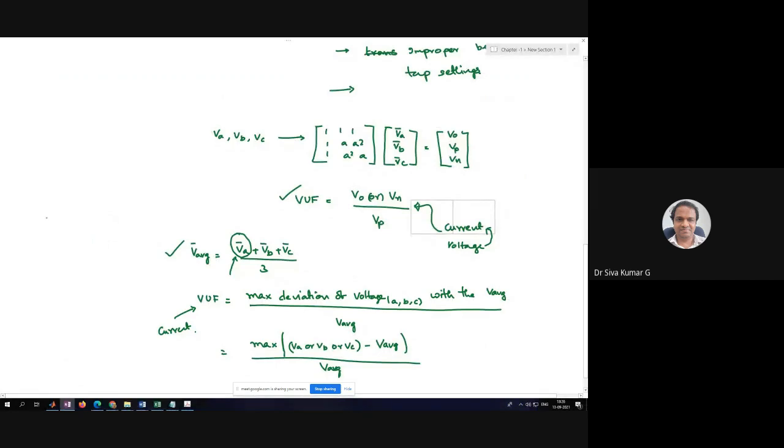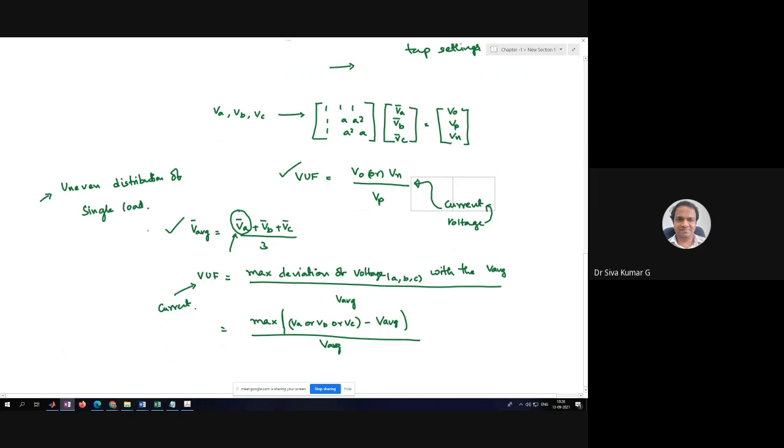These are the things by which the voltage unbalance or current imbalance occurs. One is the uneven distribution of single-phase loads. Why does this voltage unbalance occur?